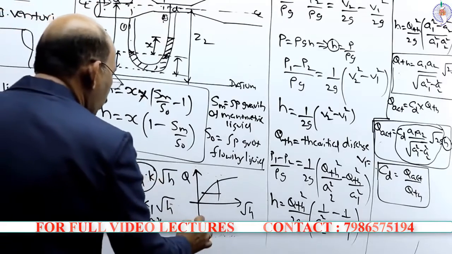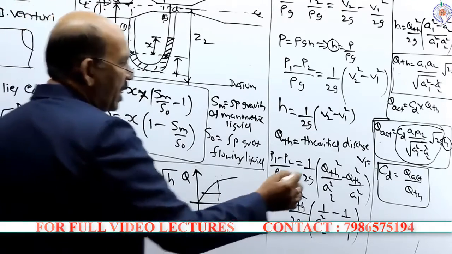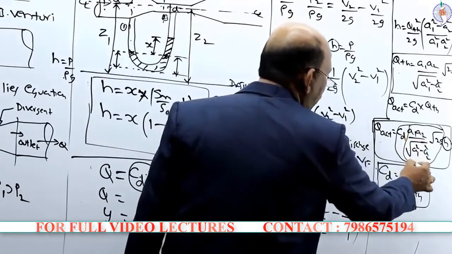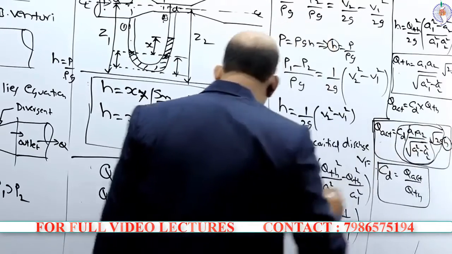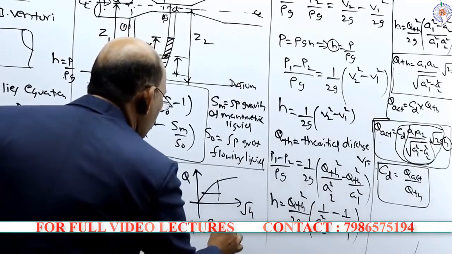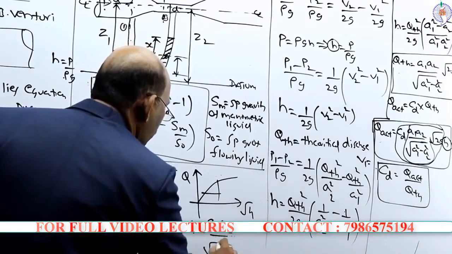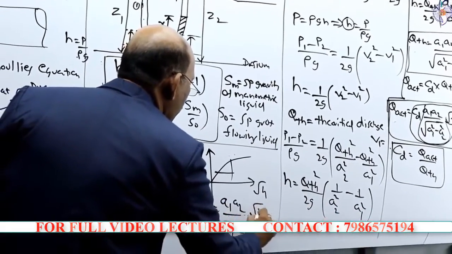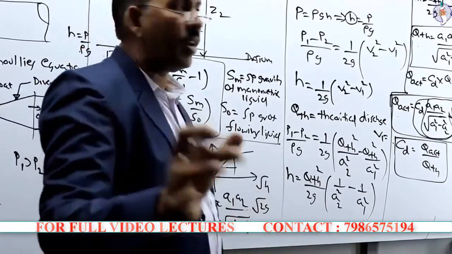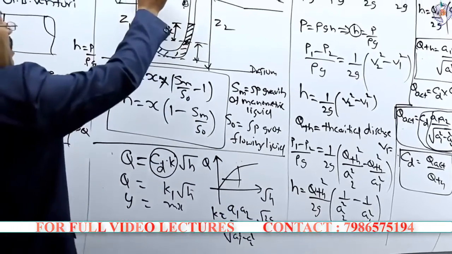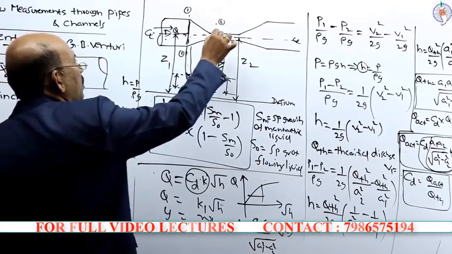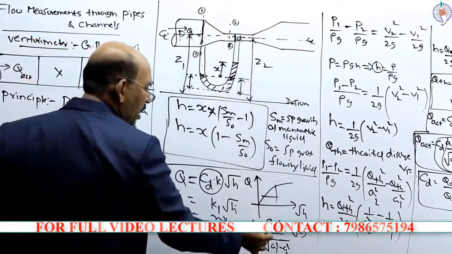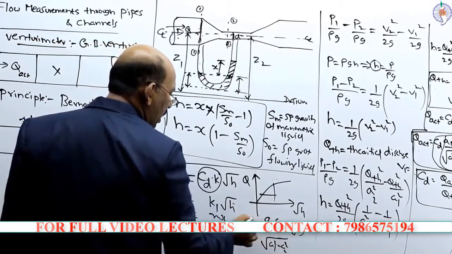So this K value, as I mentioned, K is a constant. This entire value, that is A1, A2 divided by square root of A1 square minus A2 square into root 2g. The A1, A2, these diameters are fixed here, this throat and the inlet diameter, g is the acceleration.